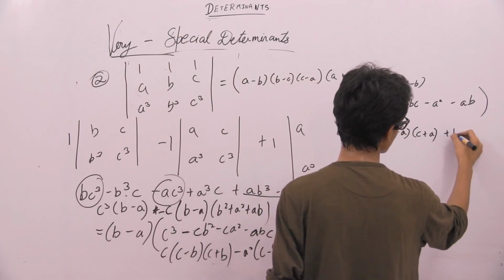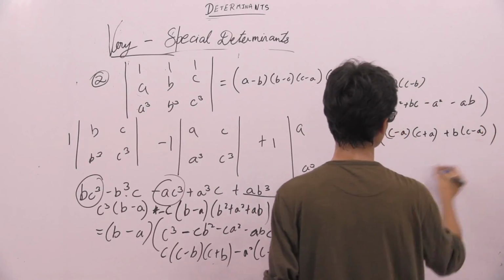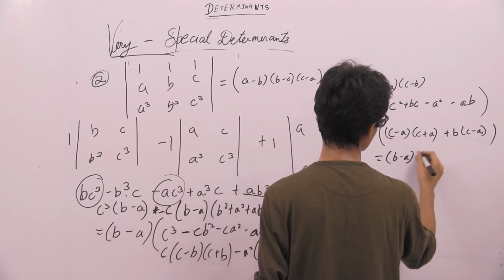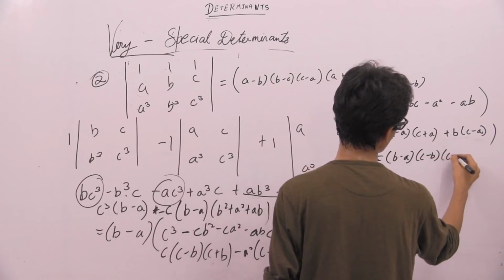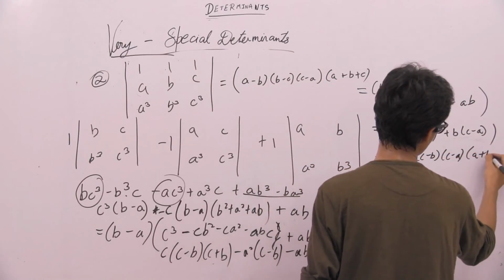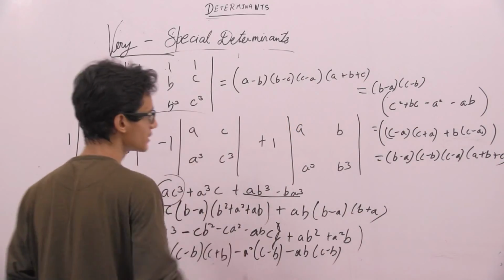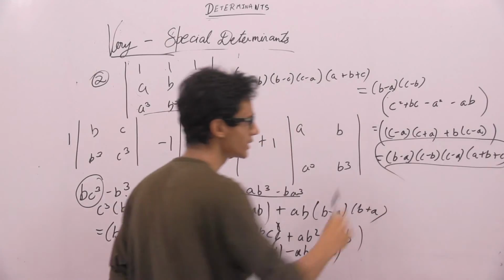Taking b common, we get c minus a. So simply we can take c minus a again common. We get b minus a, c minus b, c minus a, and a plus b plus c is left out in the bracket. So we have simplified our determinant into this form of equation.